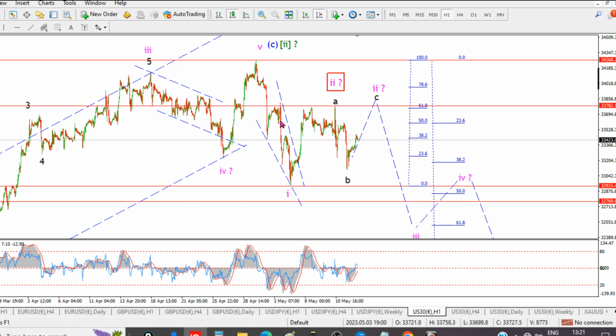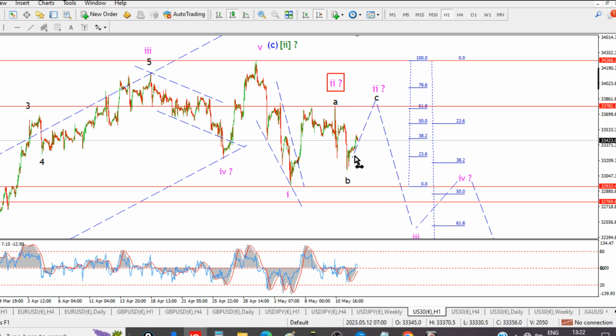I'm being a little bit more open towards a more substantive second wave correction here. So we've got an A wave up. What kind of swung it for me this week was 3 waves down, pretty solid, and then a retracement higher yesterday. Now, I haven't confirmed this wave C yet.